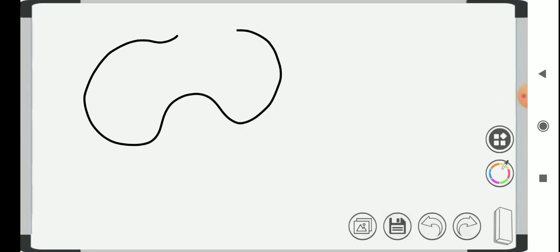Let me show it. Although it may not look like this as I have written here, let us consider it like this.